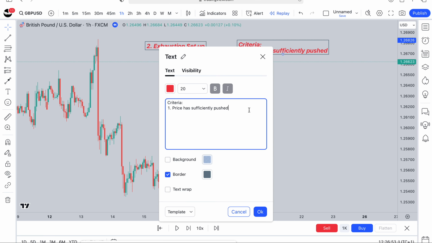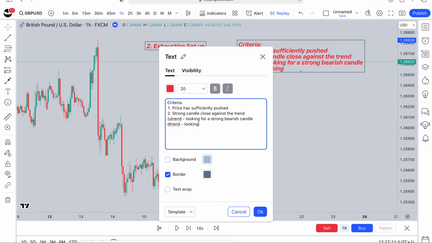The next thing you're looking for is a strong candle close against the trend. So what I mean by this is, if you're in an uptrend, you're looking for a strong bearish candle, and in a downtrend, you're looking for a strong bullish candle.